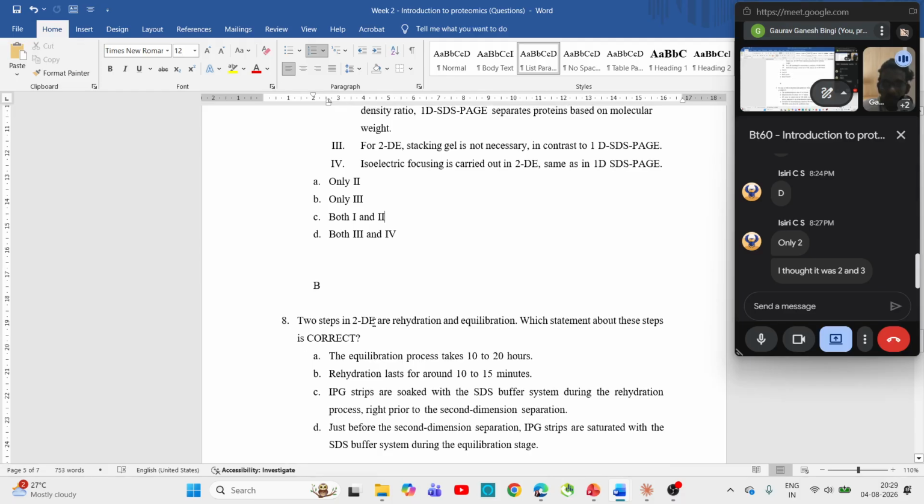Okay. In 2DE, two steps are rehydration and equilibration. Which statement about this step is correct?